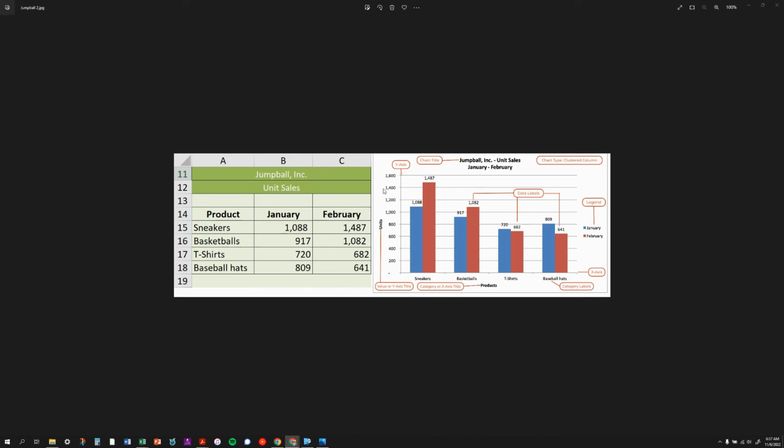This y-axis has number labels that go up in increments of 200. The x-axis here shows product types: sneakers, basketballs, t-shirts, and baseball hats. We'll go over this in the lesson, but it's good to be familiar with some of this vocabulary. We've got data labels as well, with the amounts, and a legend, which is a little guide or key to making sense of the colors and the data that we've got here.